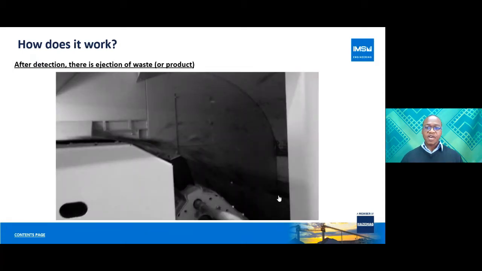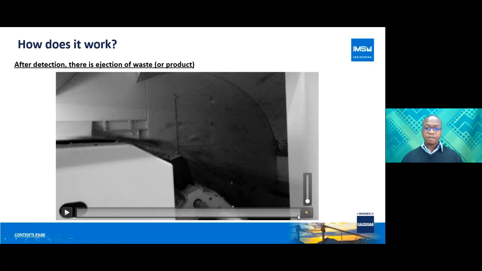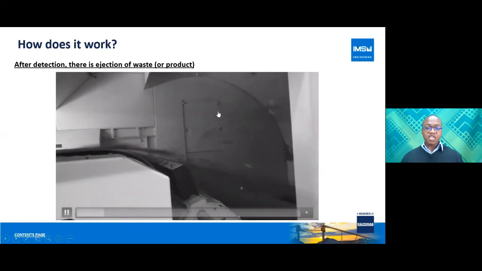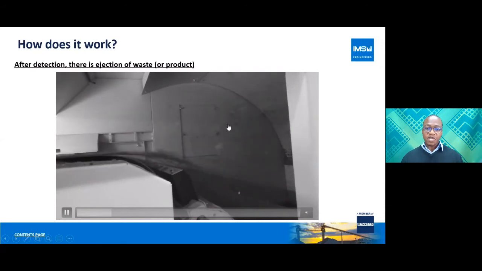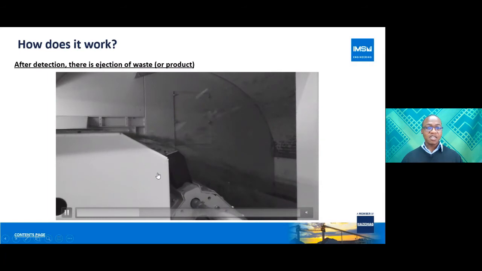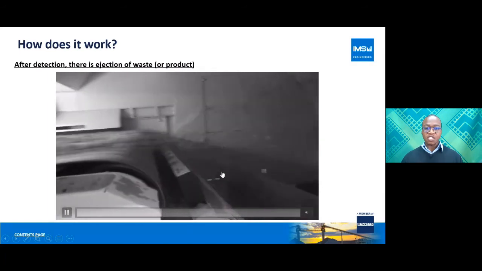What I'm going to be showing you now is what it looks like in most sensor sorters. The material that you see following an upward trajectory would be your waste, going to the far end of the sensor sorter, and there's a splitter plate separating the material that's following a downward trajectory.